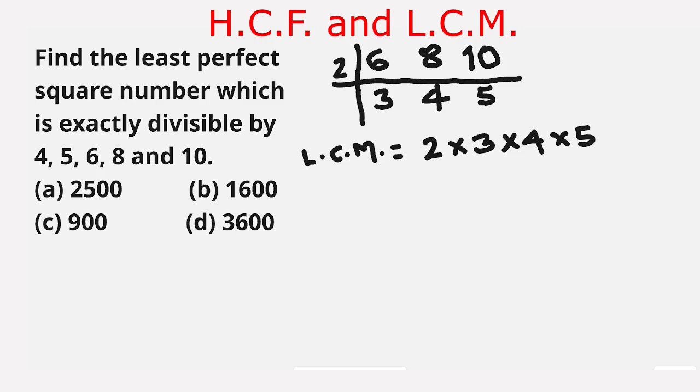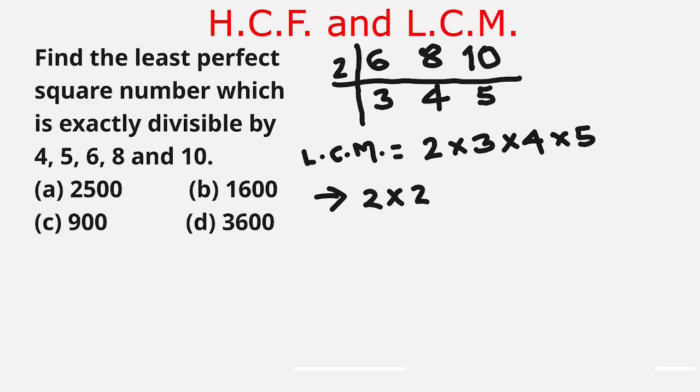To make this number a perfect square, what do we have to do? We have to make a pair of each number which is not a perfect square. Here 4 is a perfect square. 2, 3 and 5 are not perfect squares. So we have to multiply it by 2, 3 and 5. So the required number will be 2 multiplied by 2.